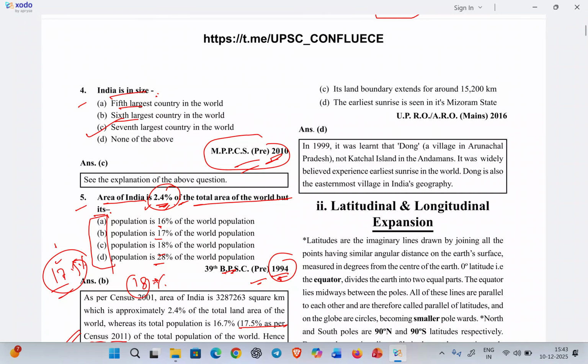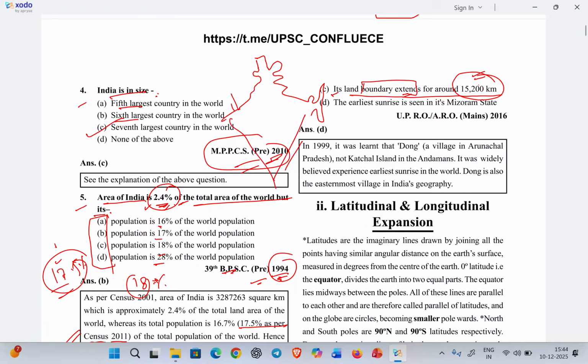The next statement is, its land boundary extends for around 15,200 kilometers. We have to see what is the area of land boundary and what exactly it means. See, if this is India, this is the land.